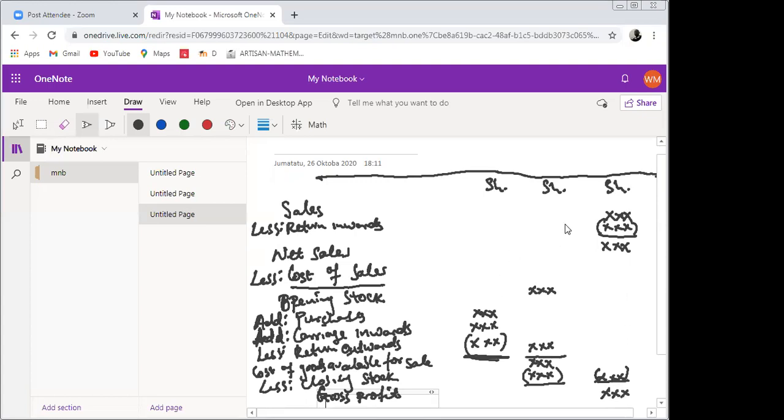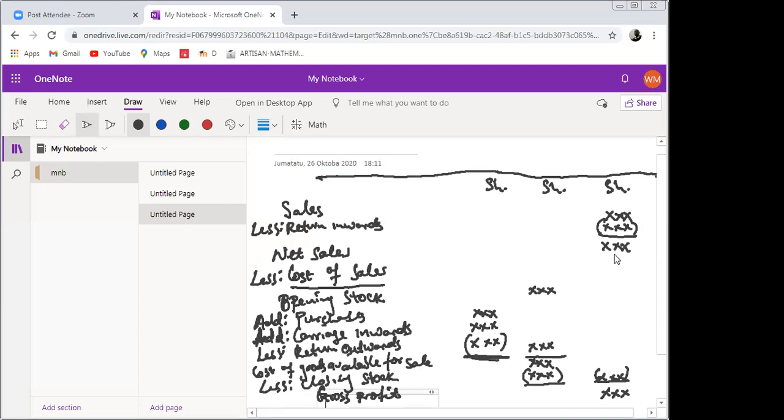Let me go through this statement again. We have the sales, which is the amount of money you have received from selling the goods. You record it here. Then you less the value of those goods that were sold but were returned, so that you can get the value of those goods which were actually sold.